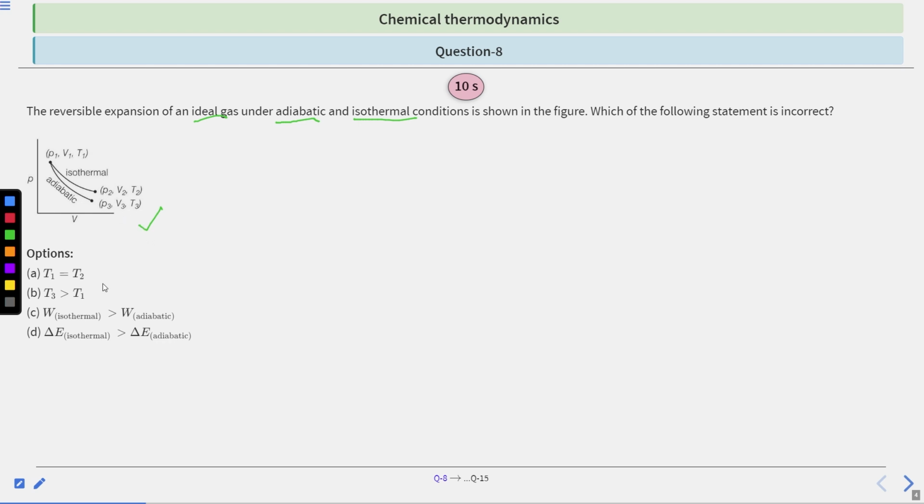So the options are: T1 equals T2; T3 is greater than T1; work done in the isothermal process is greater than work done in the adiabatic process; change in internal energy in the isothermal process is greater than change in internal energy in the adiabatic process. You have 10 seconds to solve this question. After that, we will see the answer.